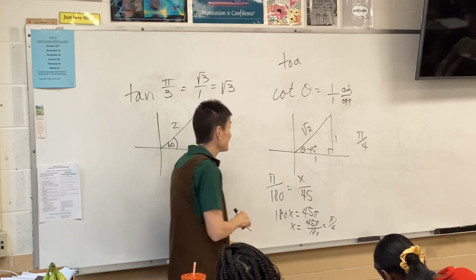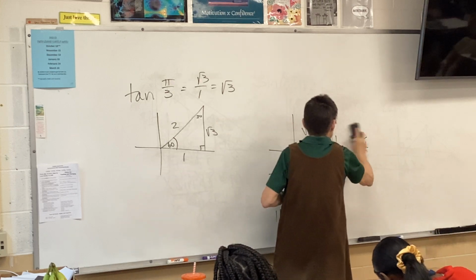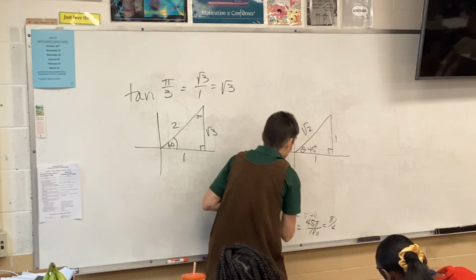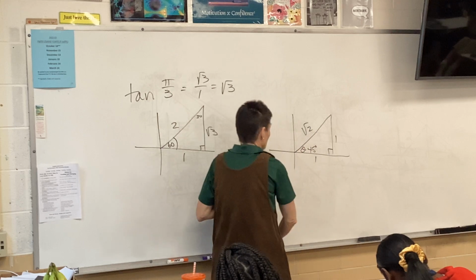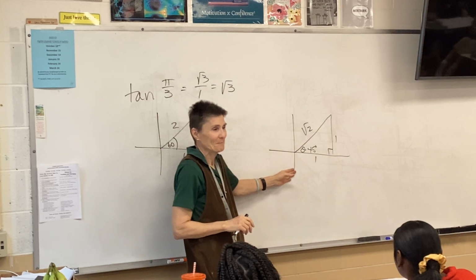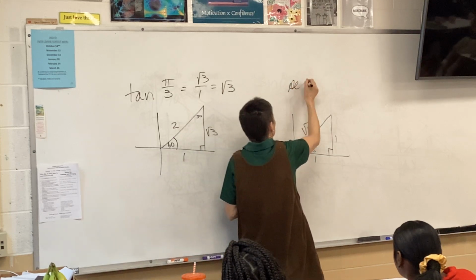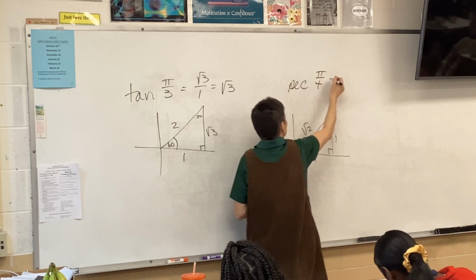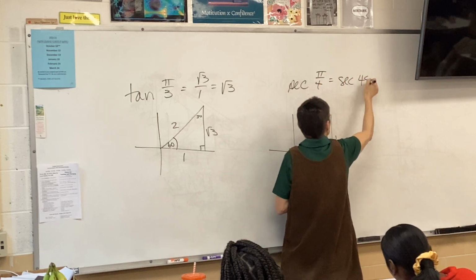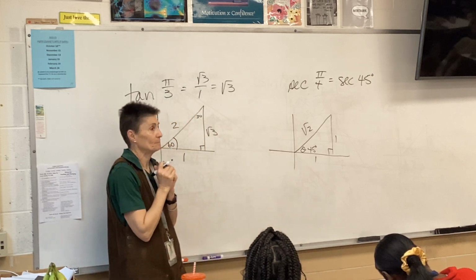And then secant pi over 4. I'm gonna cheat a little bit. Isn't this the triangle for 45 degrees? Pi over 4. And I want the secant. What is secant?